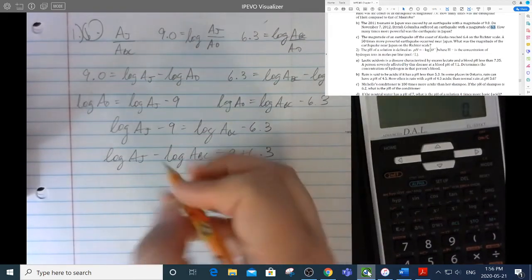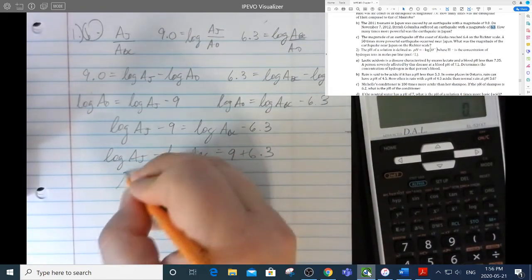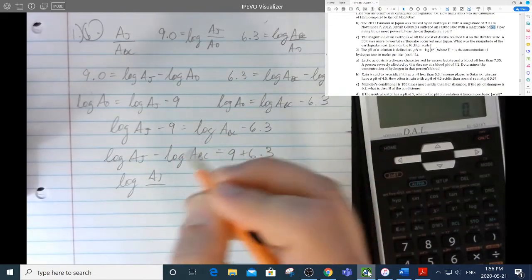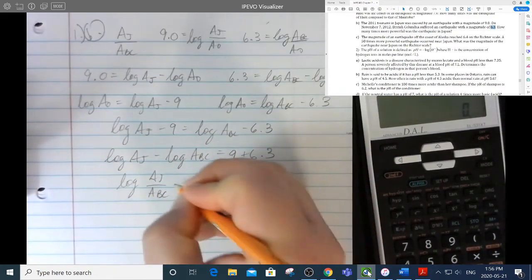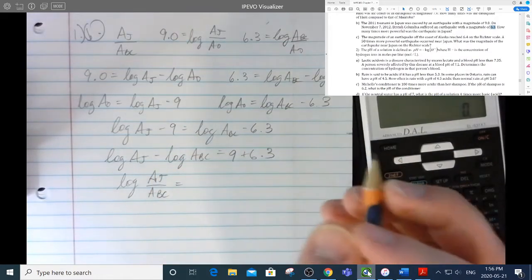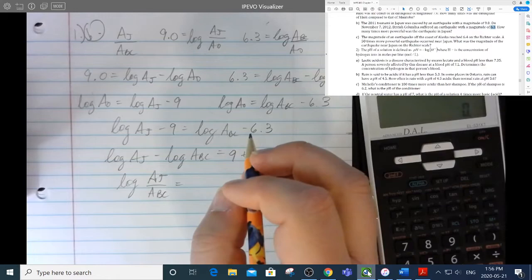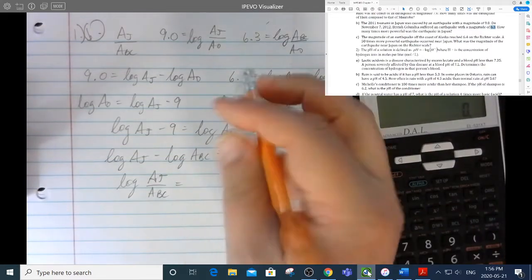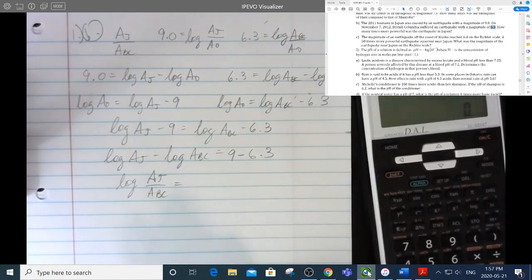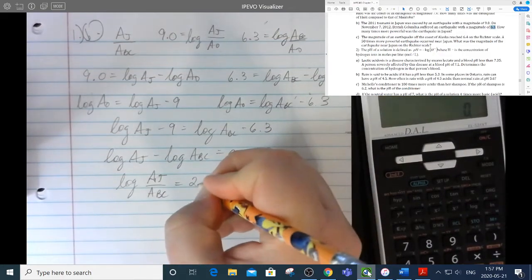Then I'm going to change, using my log laws, that into a single logarithm, which is a divide. It's an A. Sorry, again, I'm trying to write nice and neat. And let's see, what is that? 9 plus 6.3. Oh, wait, sorry. That's a mistake. There's a minus there. I missed it. Minus. So that's going to be 2.7.